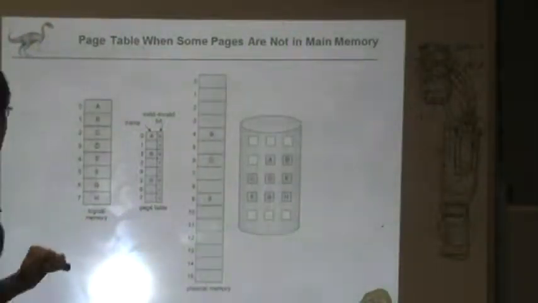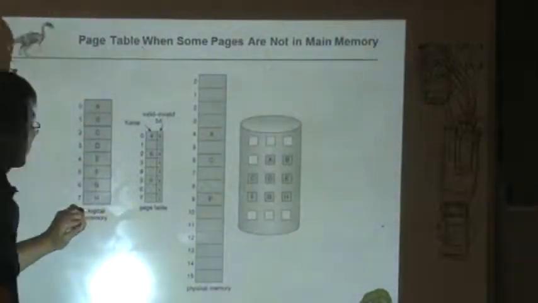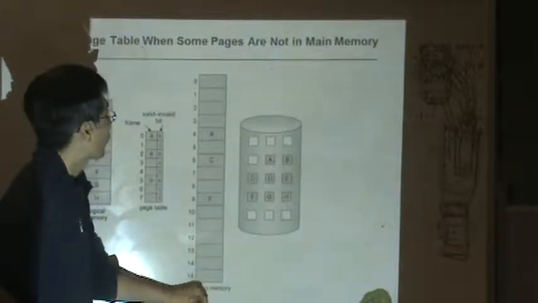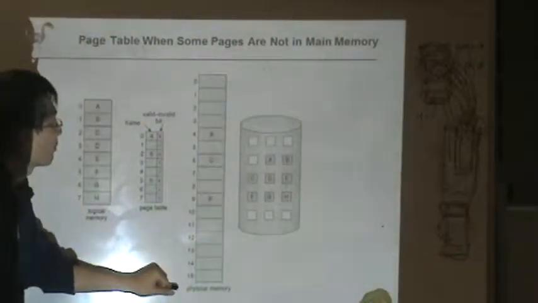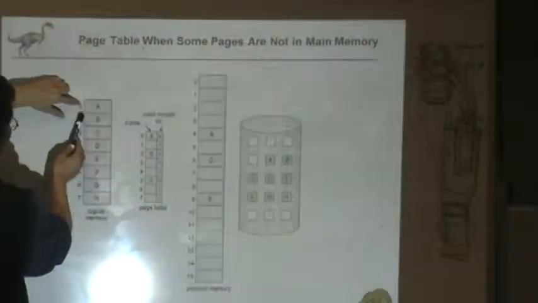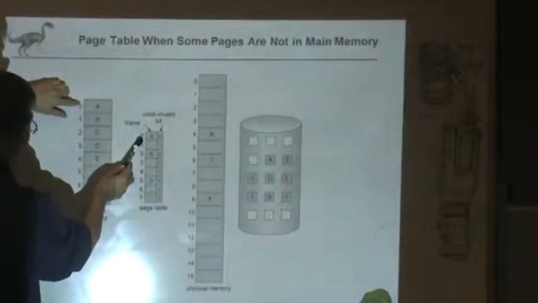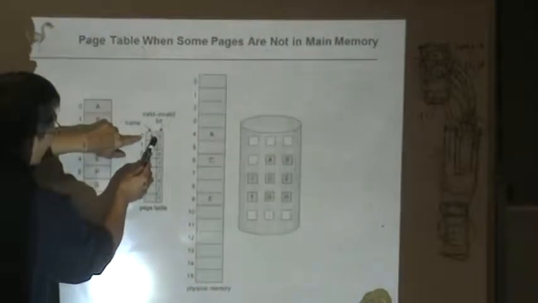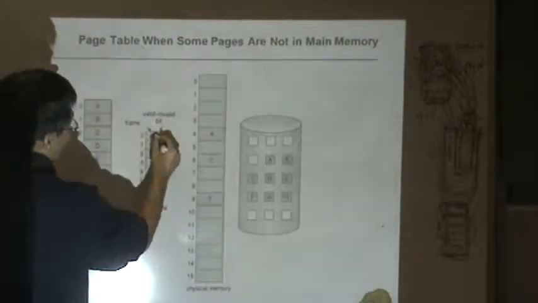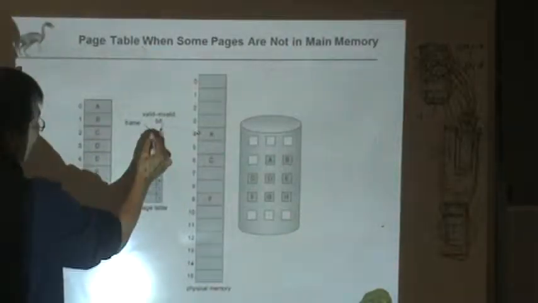So this is the program's logical memory, this is the MMU page mapping table, and this is the page frames in physical memory. You can see page number 0 is mapped to page frame 4. So 1, 2, 3, 4, it's here, and it's valid.